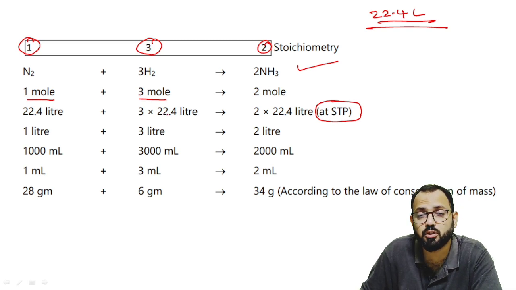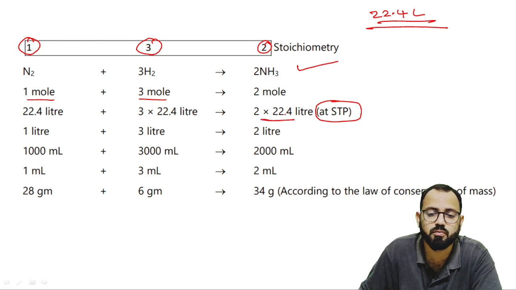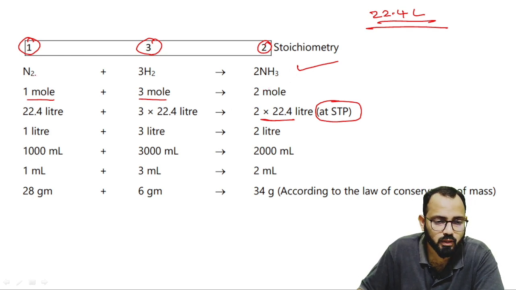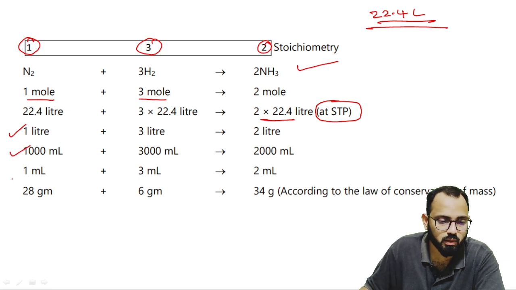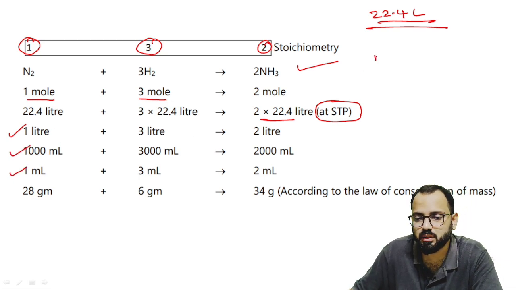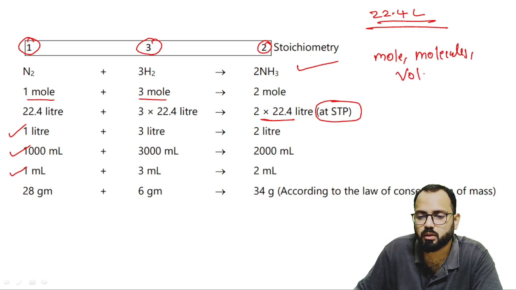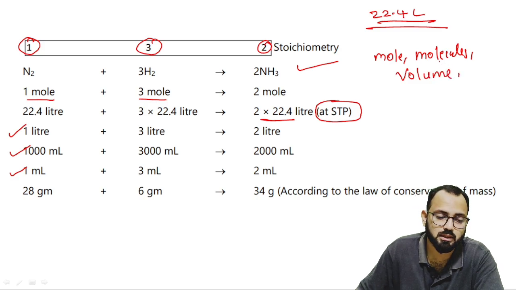So 3 into 22.4 liters of hydrogen, and you will be getting 2 into 22.4 liters of ammonia. Then I can represent this as a volume, 1 liter, 1000 ml or 1 ml. So you can simply represent moles, molecules and volume, but you cannot represent the mass directly.